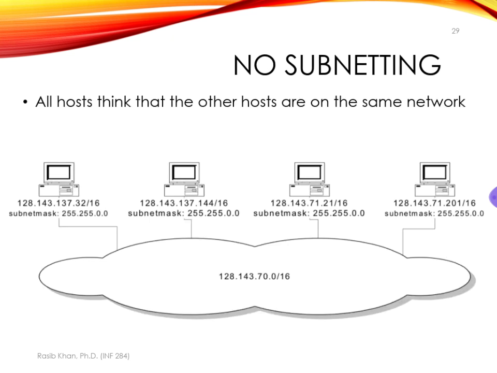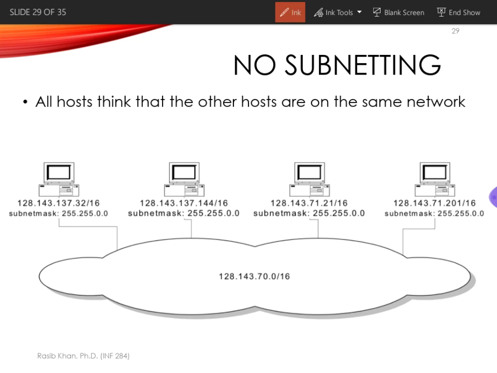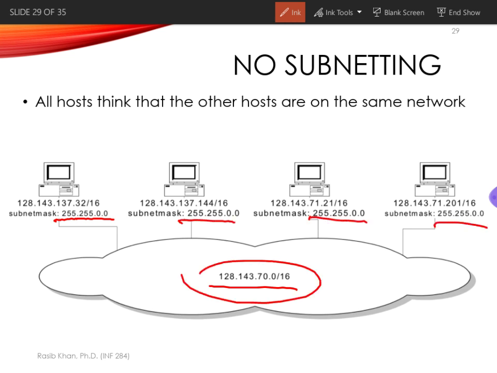So without subnetting, if we have a network, let's say 128.143.70.0/16, this means that the subnet mask is going to be 255.255.0.0 for this network, and all the hosts are assigned IP addresses from the same range, which are all /16 IP addresses.